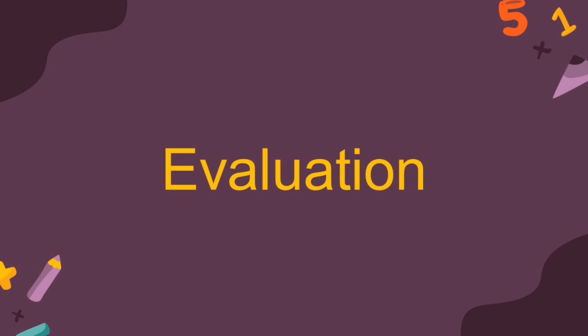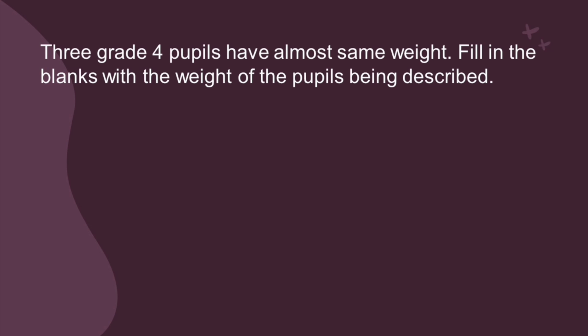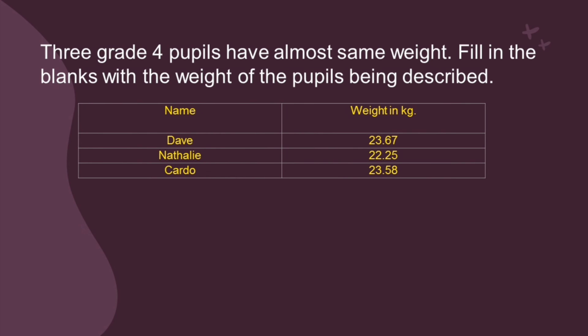Okay, let's have our evaluation. 3 grade 4 pupils have almost the same weight. Fill in the blanks with the weight of the pupils being described. Dave got 23.67 kilograms, Nathalie 22.25 kilograms, and Cardo 23.58 kilograms.